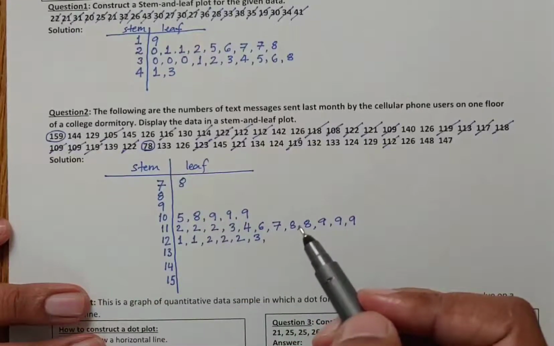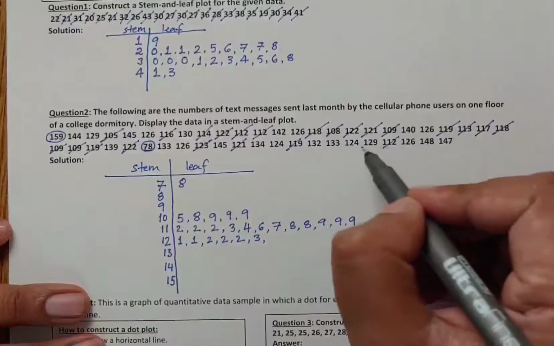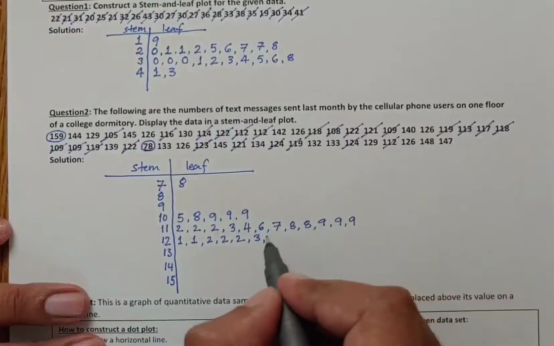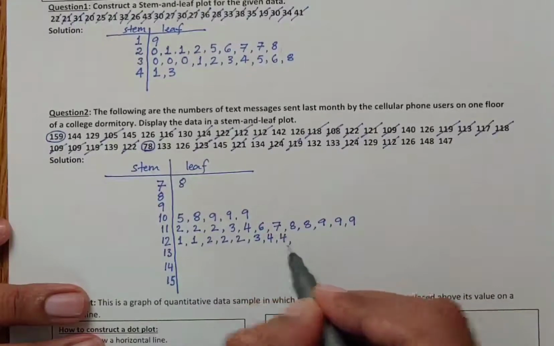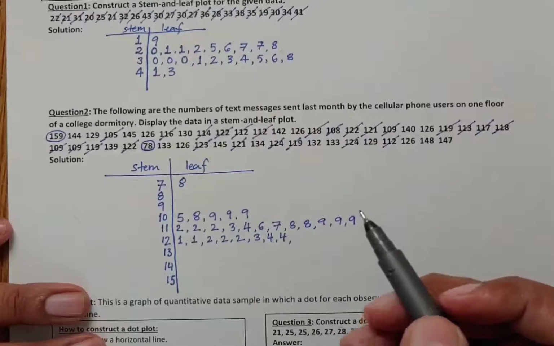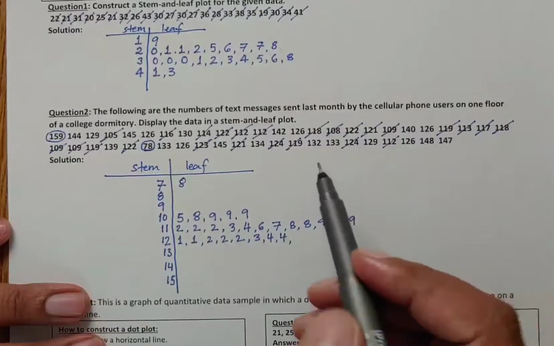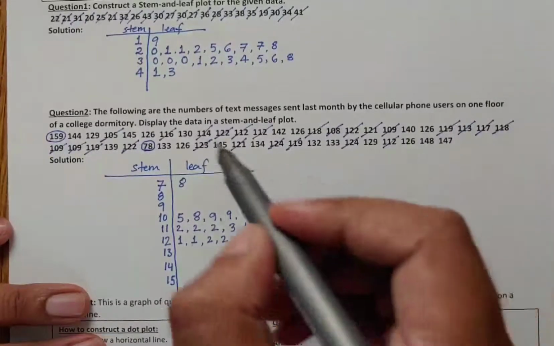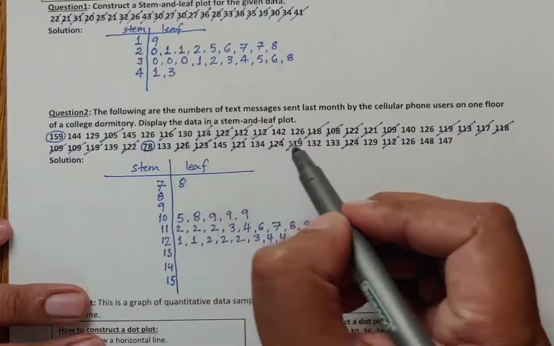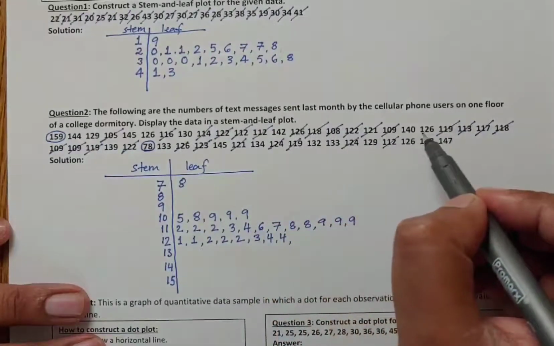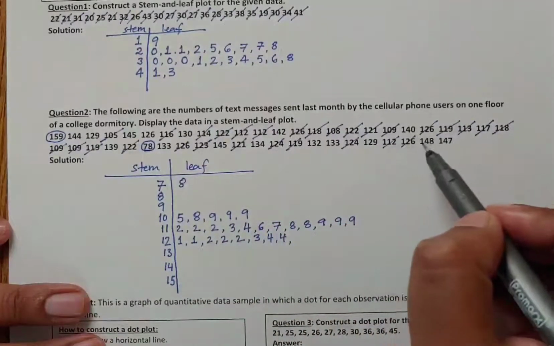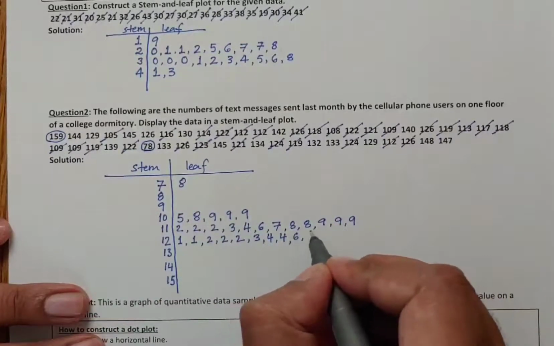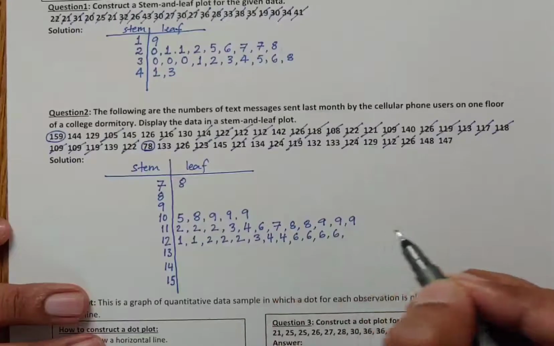123, 124. We have 124, 1, 2, so 124, 124, and 125. Let's see if we have any 125. We don't have 125. We have 126, 1, 2, 3, 4, so 6, 6, 6, 6.